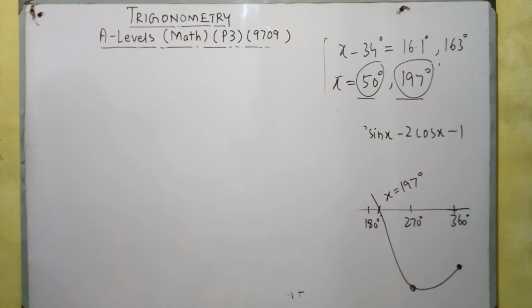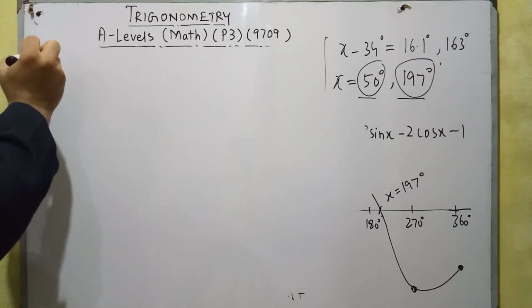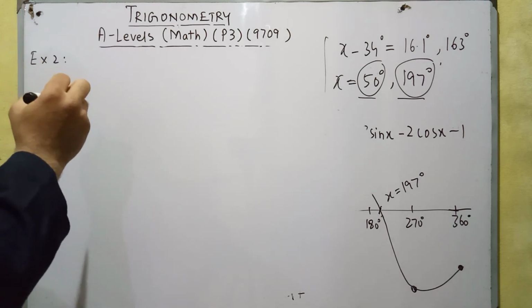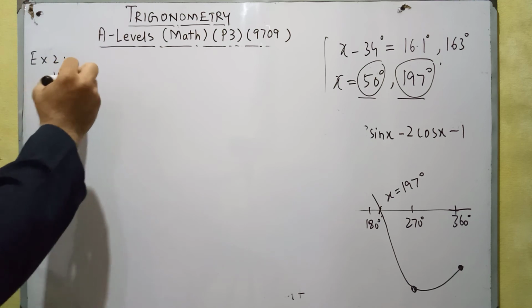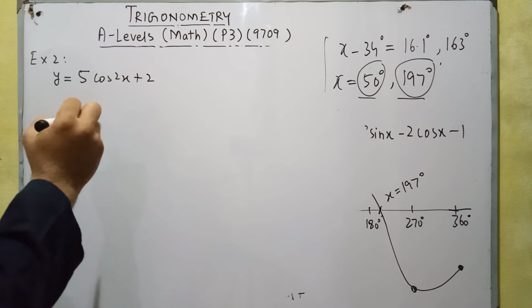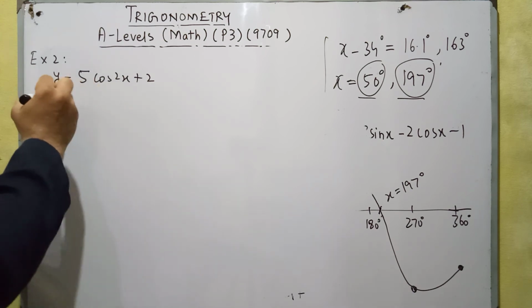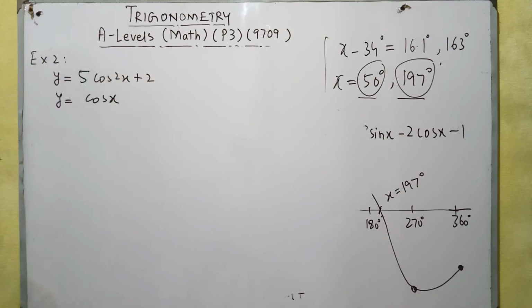Now let's suppose we have two trigonometric functions. Function 1 is y equal to 5 cos 2x plus 2, and function 2 is y equal to cos of x.